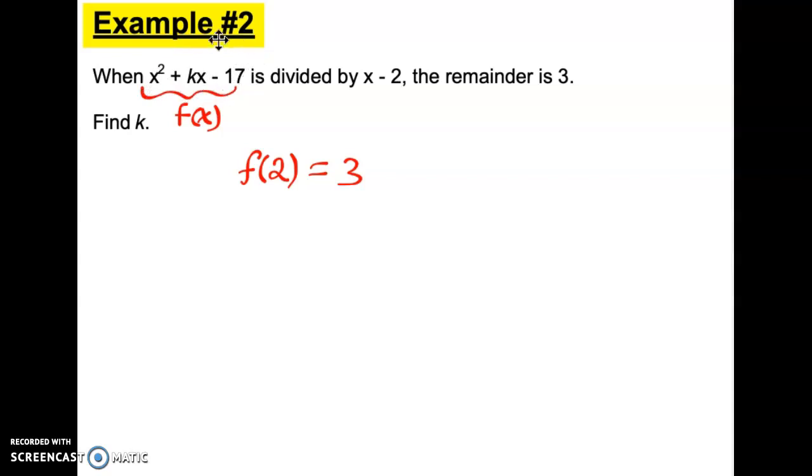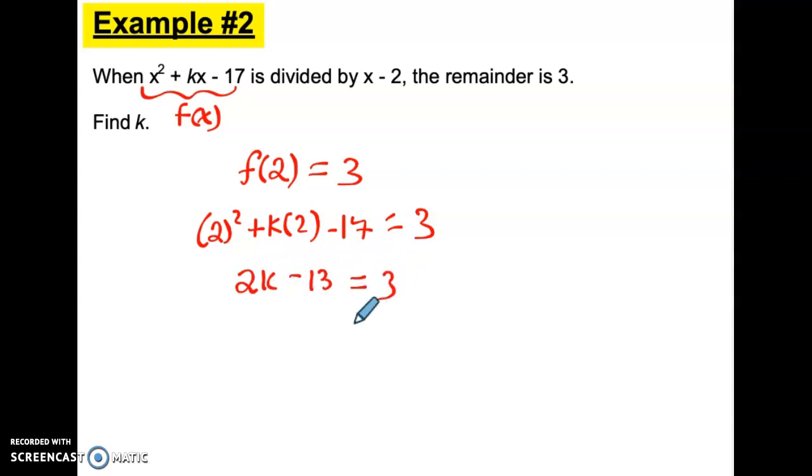So I'm just going to take the function that I have for f, and I'm going to plug a 2 in everywhere. So I'm going to get 2 squared plus k times 2 minus 17, and it's going to equal 3. And now I just have to solve this. So I have 4 minus 17, that's 2k minus 13 equals 3.